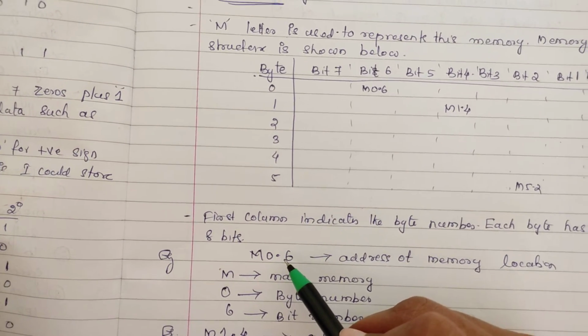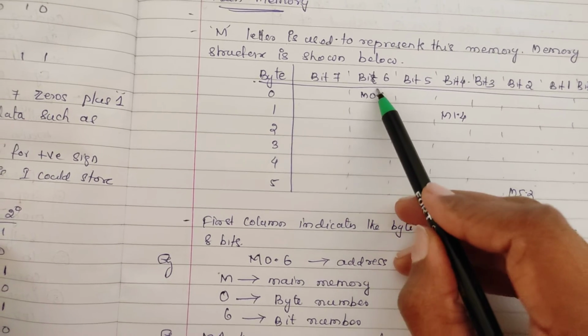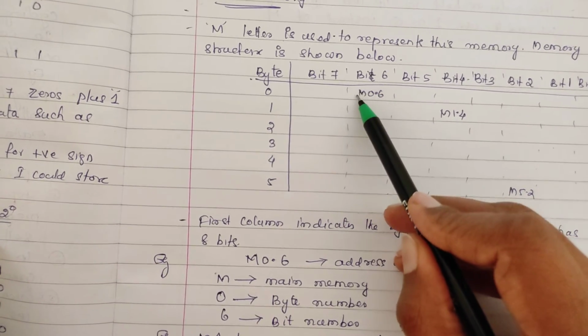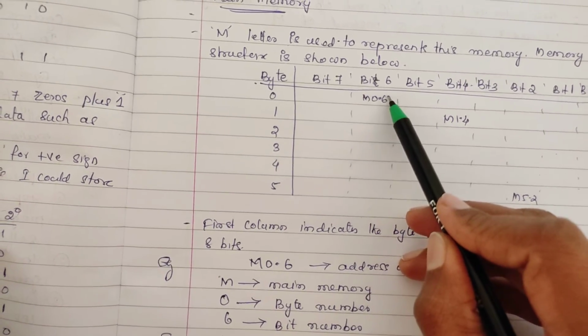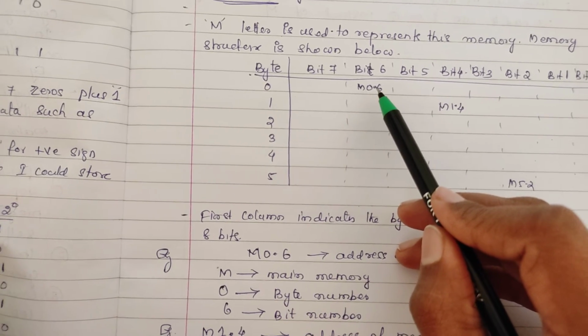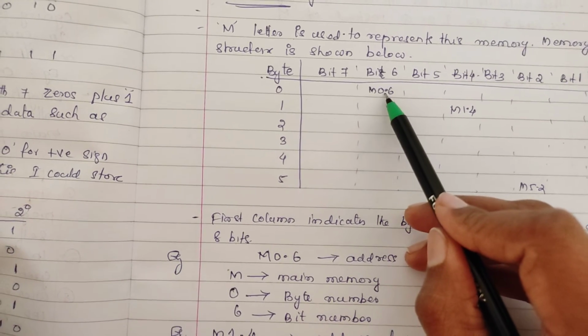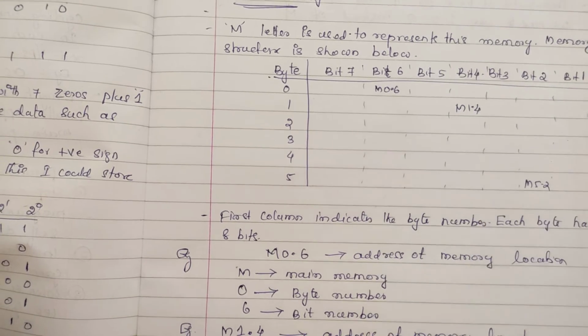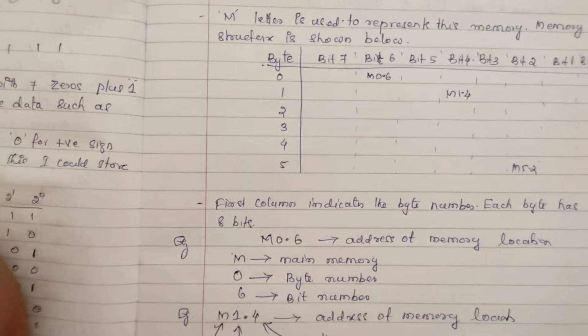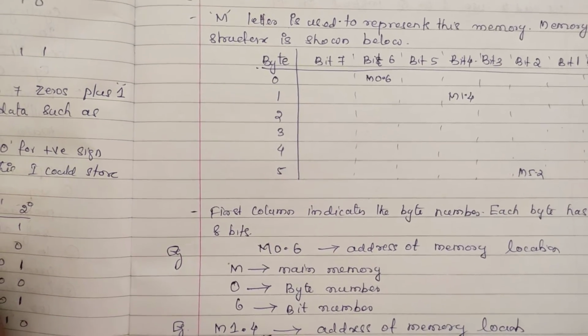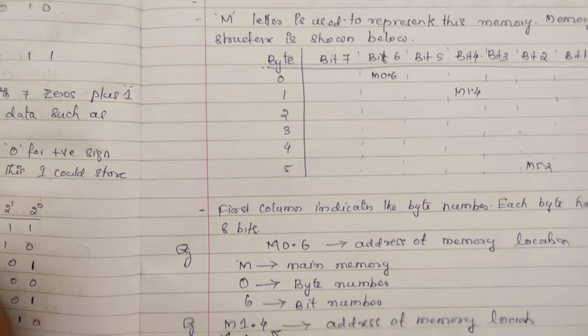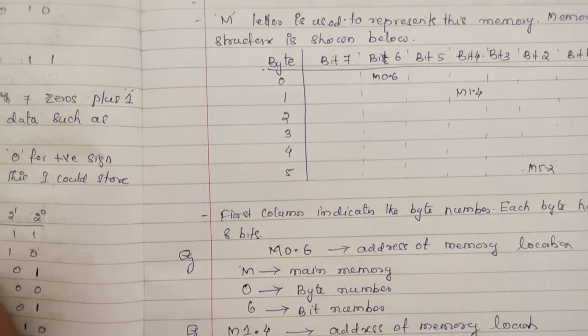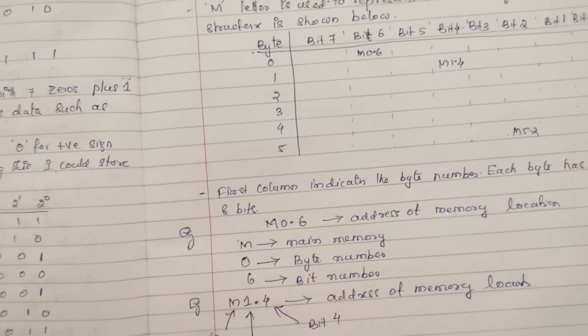This memory location M0.6 can store either 0 or 1, right? So we can store digital input values in this particular memory location, or any of these two states, either 0 or 1. We can go for this main memory addressing.